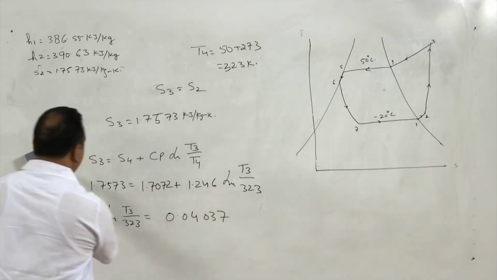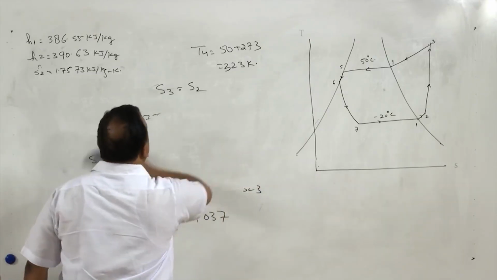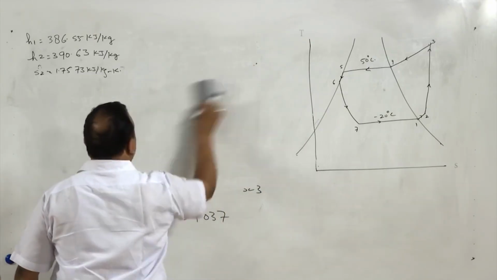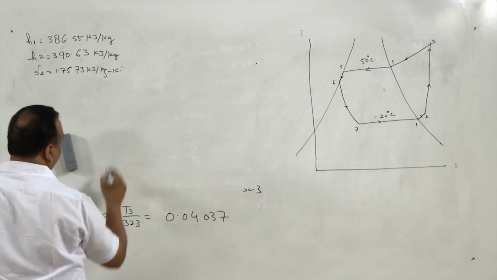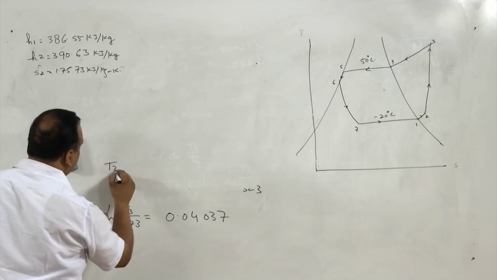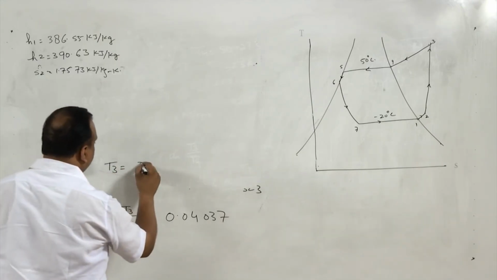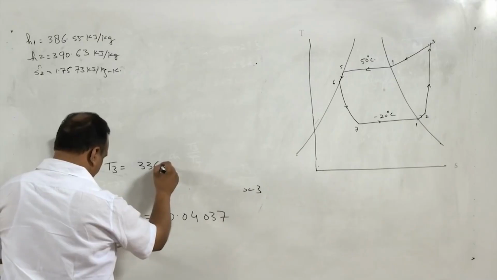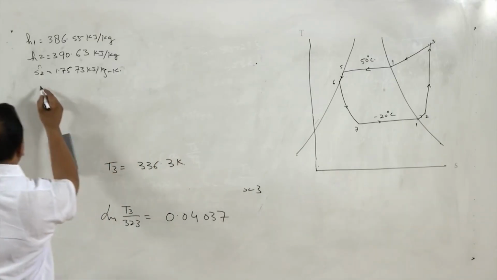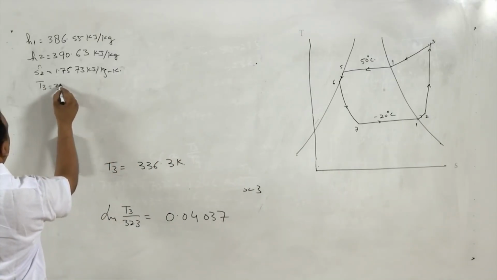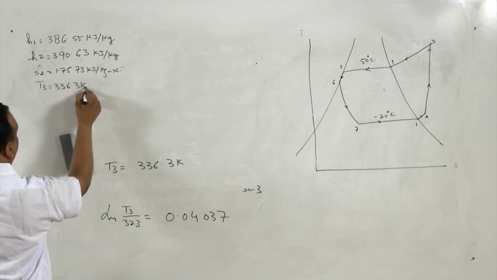0.04037, and from this we find the value of T3 as 336.3 Kelvin. So, T3 is 336.3 Kelvin.